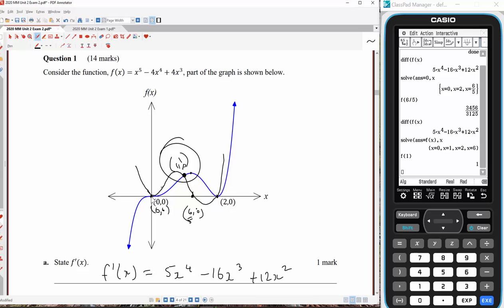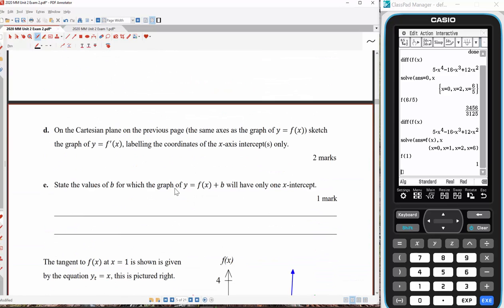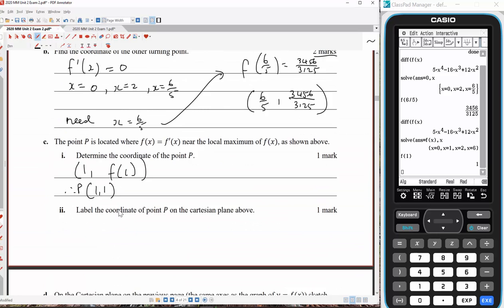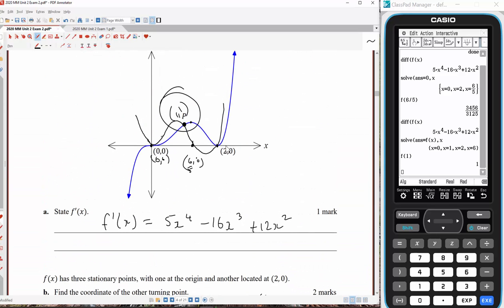So what we could do is start lifting straight away. If we lift it, we could say quickly here that the answer to this is b greater than 0. So when b is larger than 0, i.e. when we translate it vertically more than 0 units, like 1 unit, 2 units, then we're going to get only one x-intercept. It'll be along here, okay?